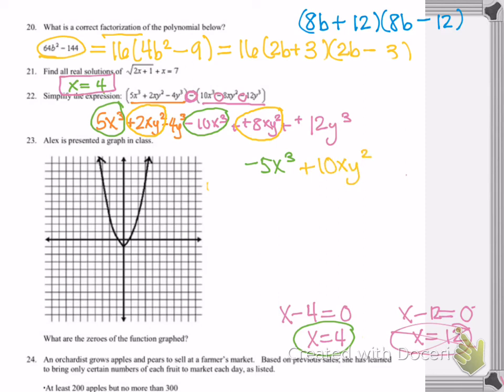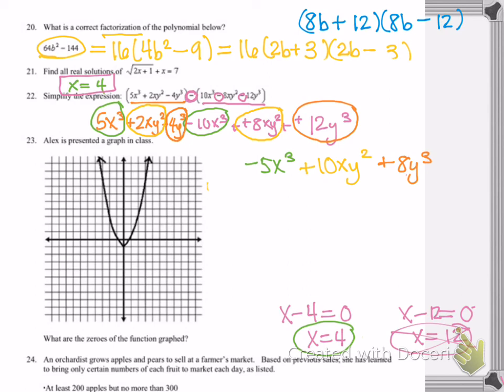And then finally, remember this was a minus 4y cubed, and here's a positive 12y cubed. So altogether, that's 8y cubed. And that finishes that problem for simplifying the expression. We've combined all the possible like terms.